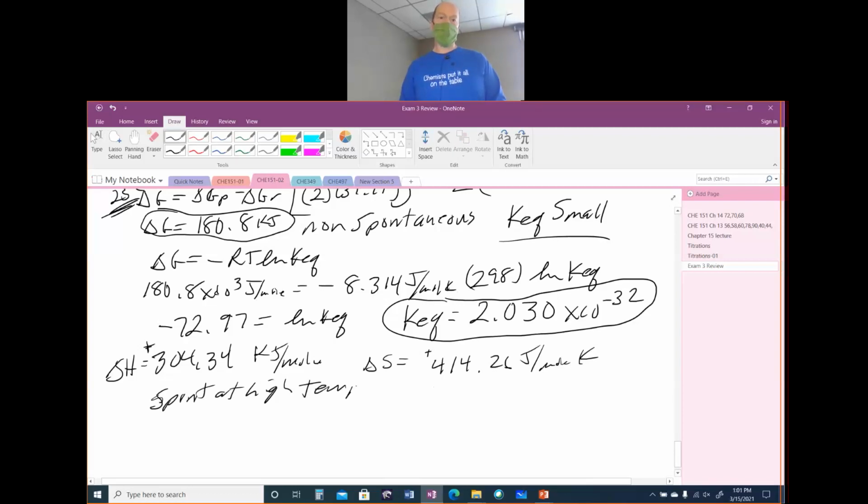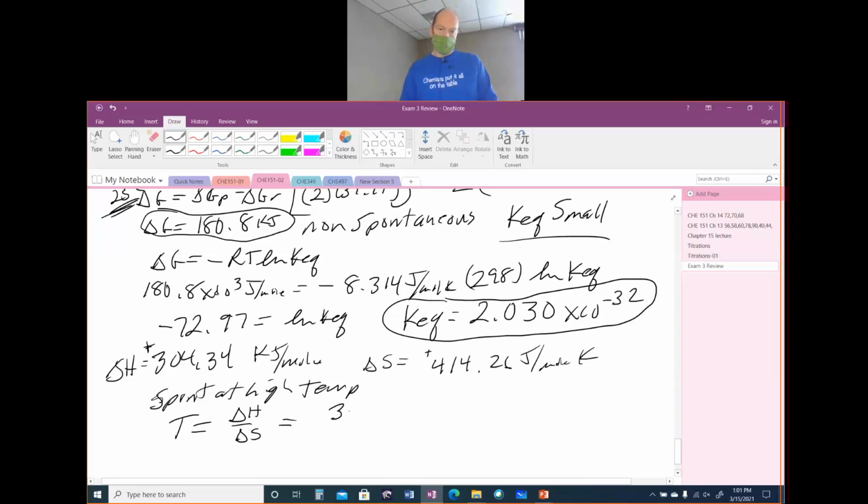All right, so that would be a very generic answer. I need to know, what are these high temperatures? Is 1,000 degrees high enough? Is 100 degrees high enough? What temperature do I have to be at? So your temperature that you have to be at is found by taking your delta H and dividing by your delta S, and making sure that joules cancel joules or kilojoules cancel kilojoules.